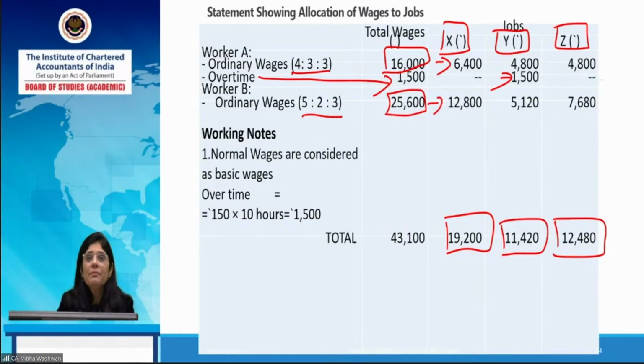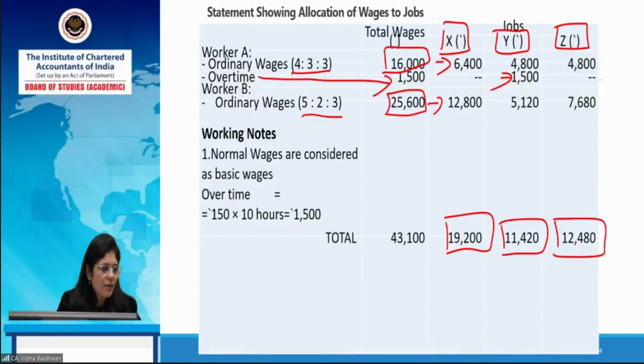Here we have not done indirect. In indirect, we do not know how much was spent on job A, B, and C or job X, Y, Z. The indirect labor cost will be shared on some overhead rate. But this is the direct allocation because we know exactly how much worker A and B has worked on X, Y, and Z. Clear?